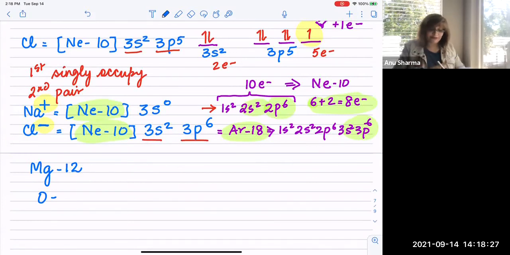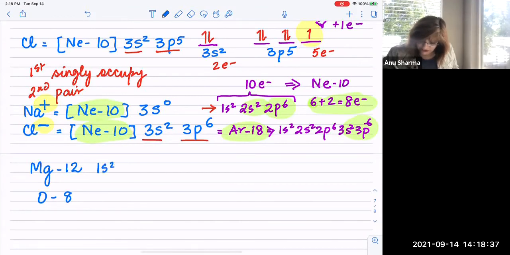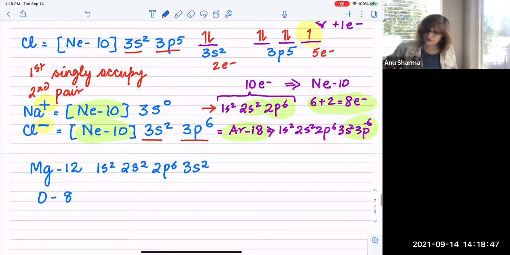Just want to confirm sometimes. Oxygen is 8. Yes, sorry. Okay. So magnesium 12, 1s2, 2s2, 2p6, 3s2.